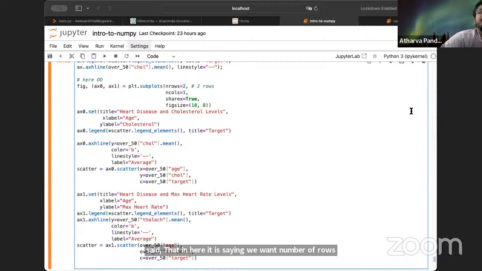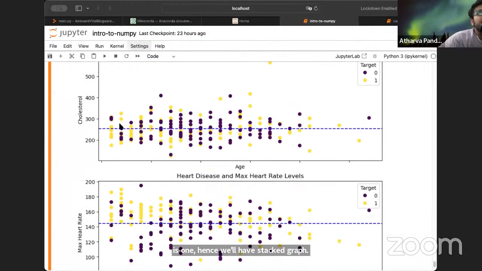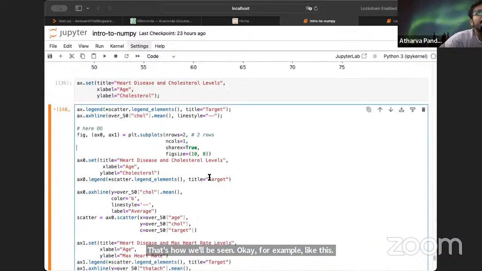If you remember yesterday's class, we did four plots where rows was 2 and columns was 2. Here rows is 2 but columns is 1, hence we will have stacked graphs, like this. This is 2 rows, 1 column. That is what is happening here.